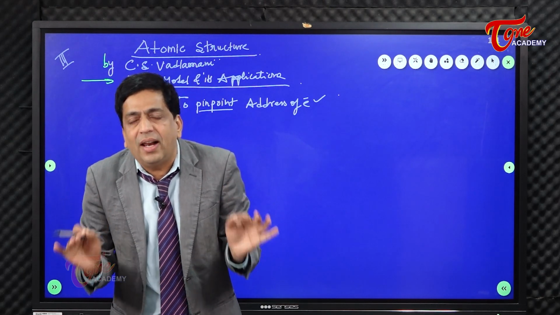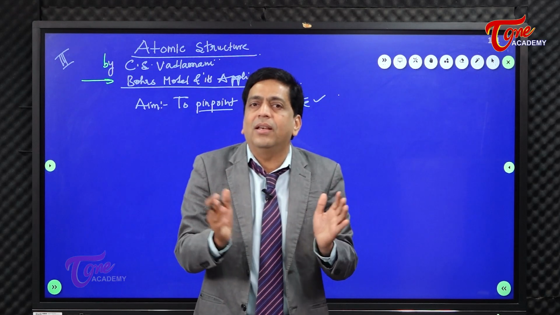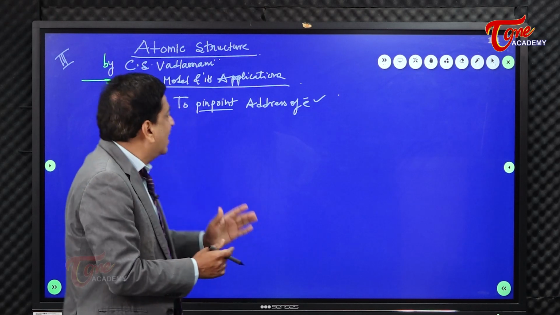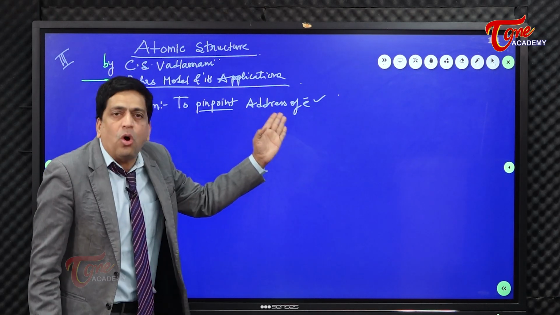If you are able to locate the electron, then you are successful. The aim of the chapter is basically to pinpoint the address of the electron.